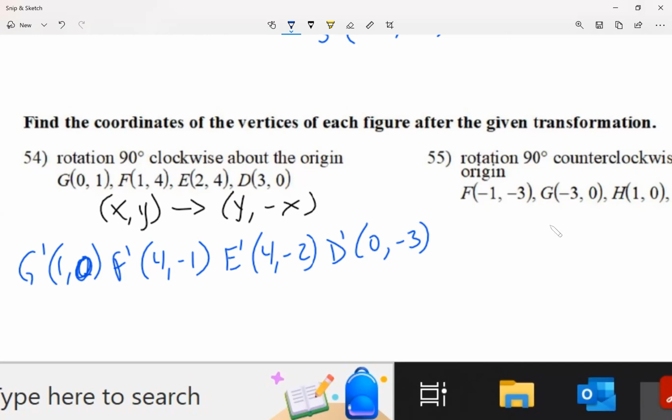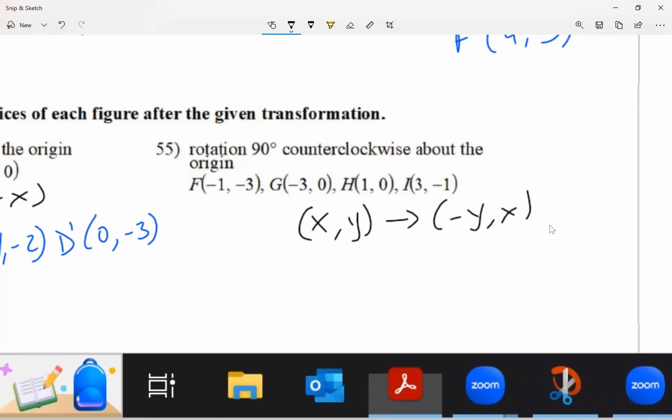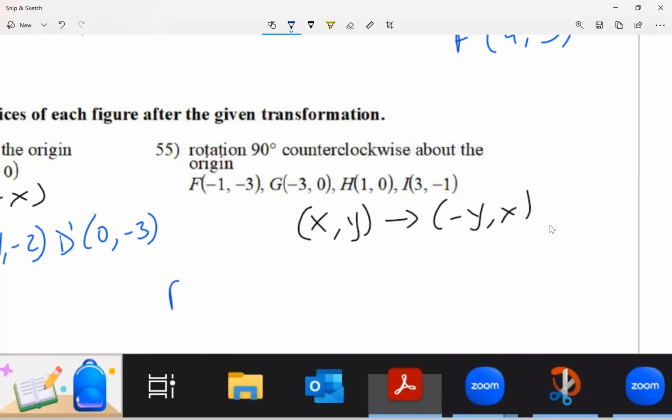Lastly, let's take a look at number 55. 90 degrees counterclockwise. According to our rules, it says that (x, y) becomes (-y, x). So the values are going to switch, and then the y is going to switch signs. If I'm looking at F prime, that's going to become (3, -1).